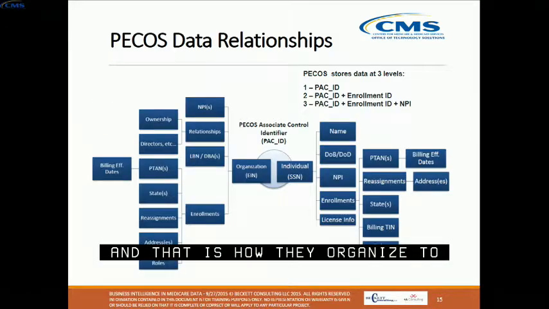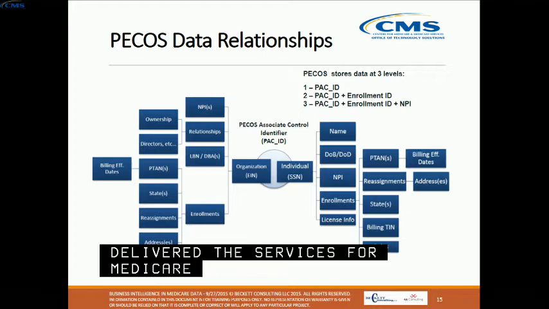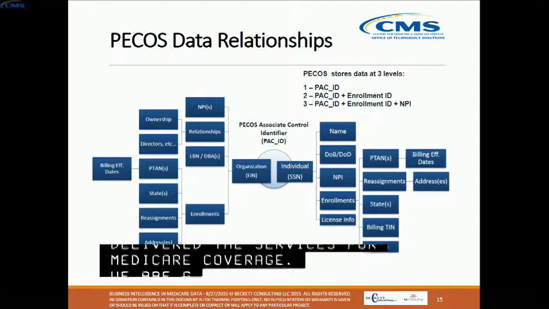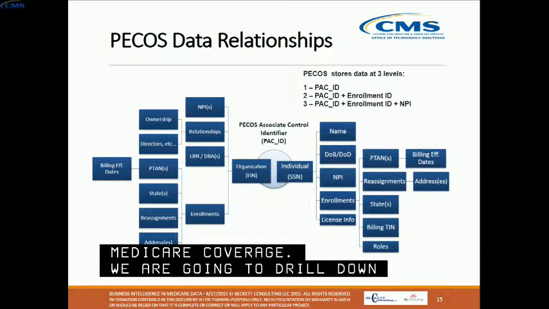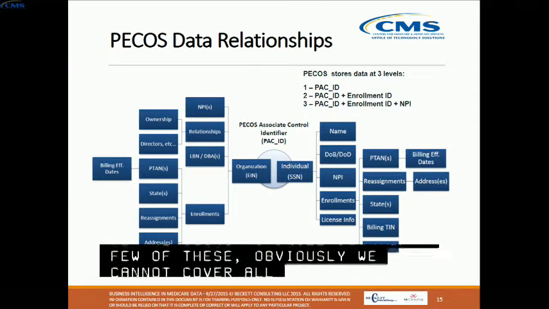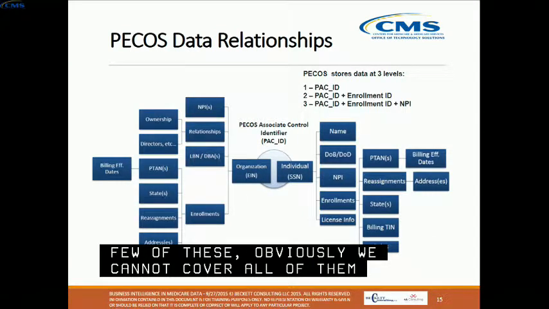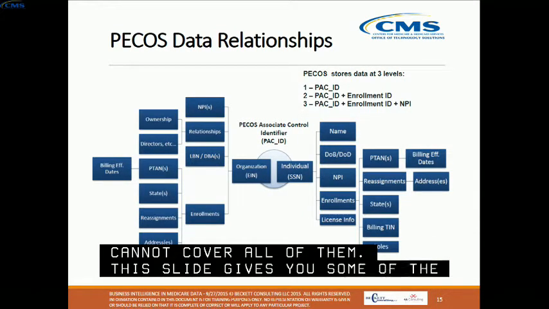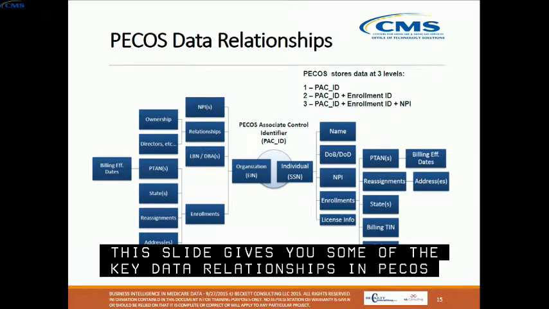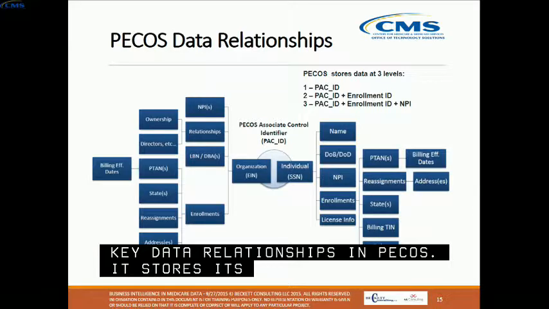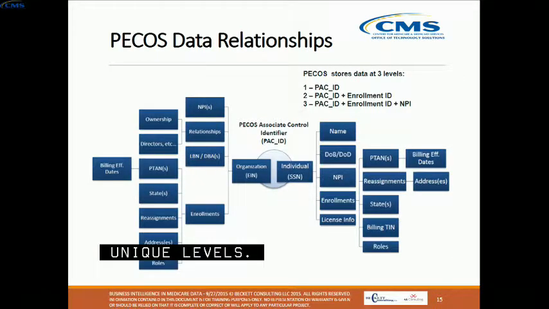So let's move on. We're going to drill down on a few of these. Obviously, we can't cover all of them. This slide gives you some of the key data relationships in PACOS. PACOS stores its data at 3 unique levels. The PAC ID level, this PACOS Associate Control Identifier, also known as a PAC ID.